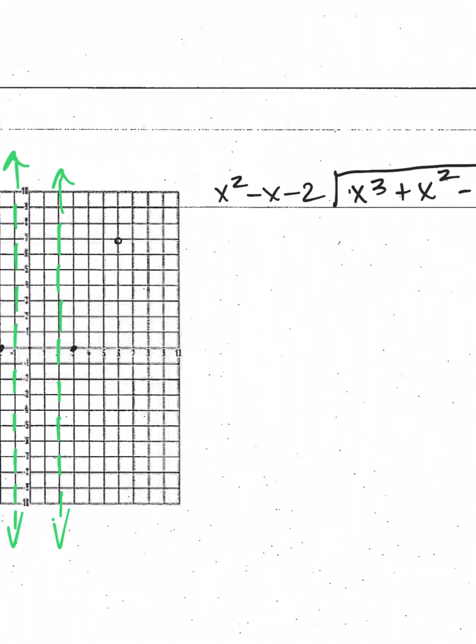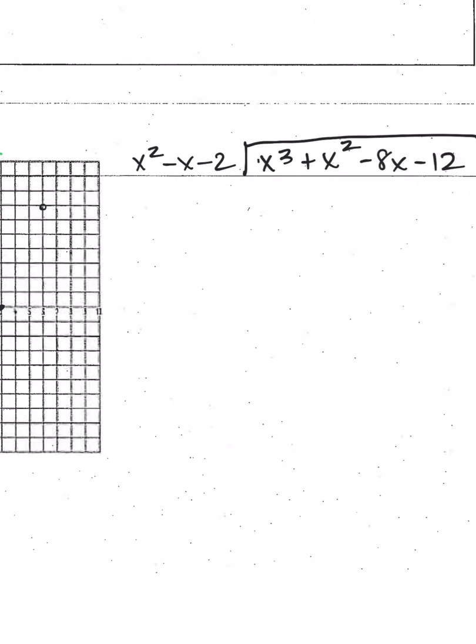So now we do our division. Biggest divided by biggest, right? X cubed divided by x squared is what? X. Now multiply. X times x squared is x cubed. X times negative x is negative x squared. X times negative 2x is negative 2x. And we're going to change the signs, aren't we?